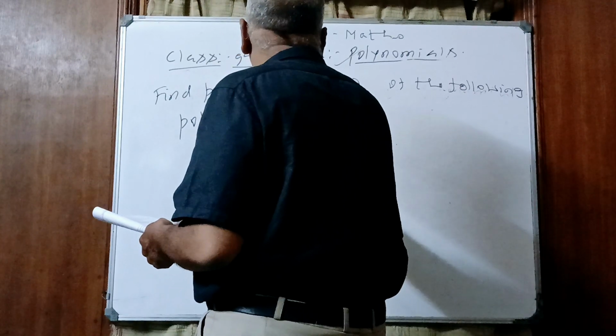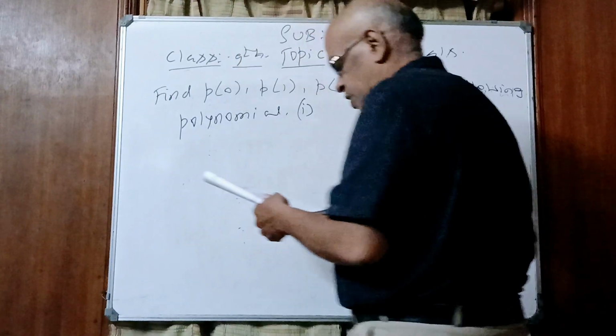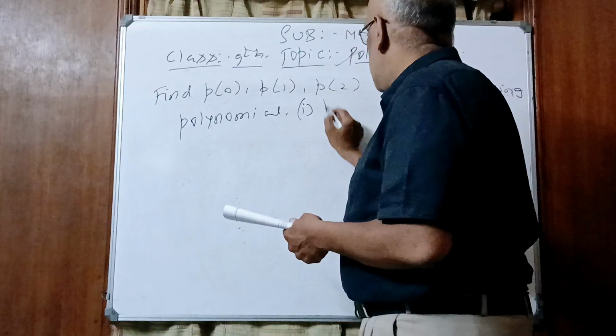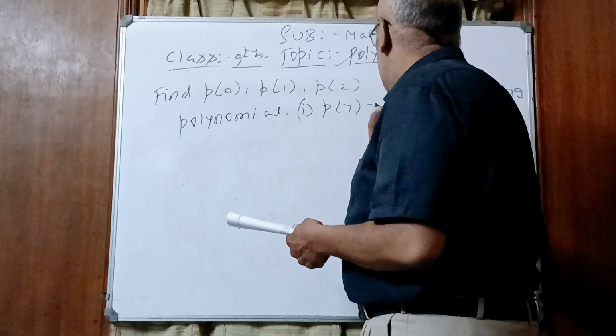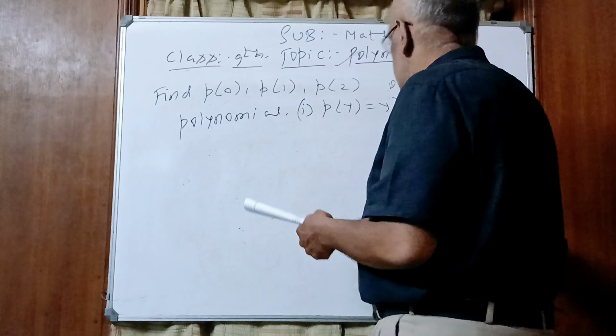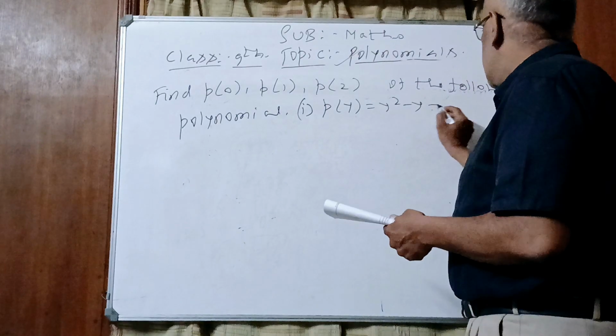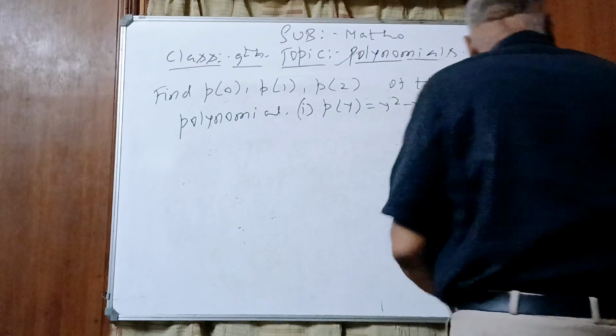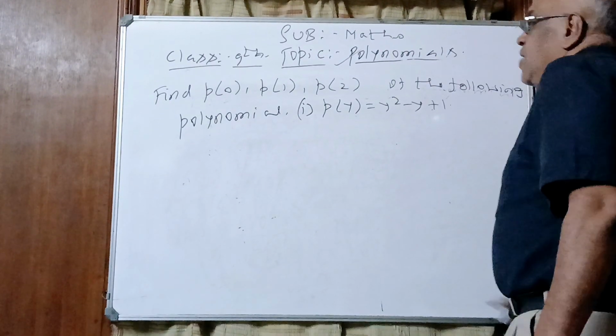See the polynomial, children. First one, p of y is equal to y squared minus y plus 1. Find p of 0.